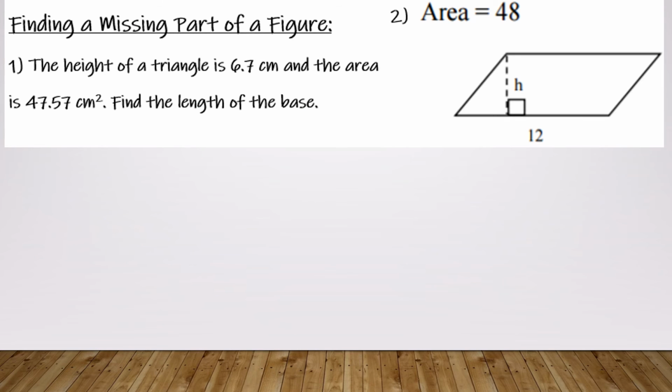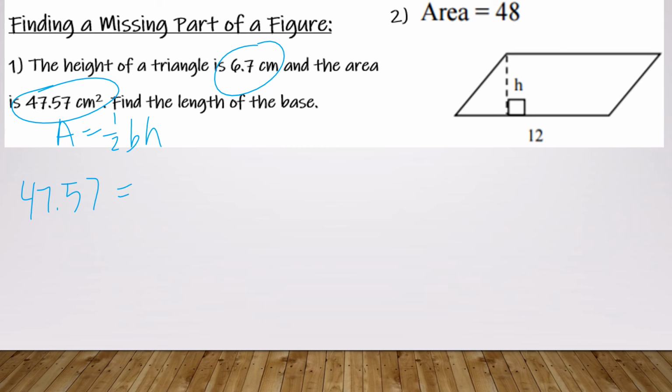Okay, so finding a missing part of a figure. The height of a triangle is 6.7 centimeters and the area is 47.57 square centimeters. Find the length of the base. So area of a triangle is 1/2 base times height. So we are going to take the values that they gave us. 47.57 is my area, my height is 6.7, and my base is what I'm trying to find.